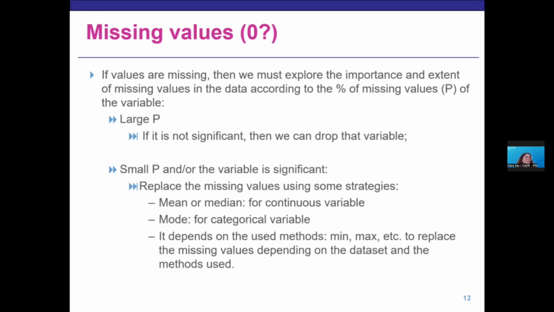The problems occur when the variable is significant, and in this case we can replace it with another variable that can be correlated with it. Also, if we have a small percentage of missings in the data set, we can solve this. We can have different ways to solve this, but it depends on the distribution and the nature of the variable.